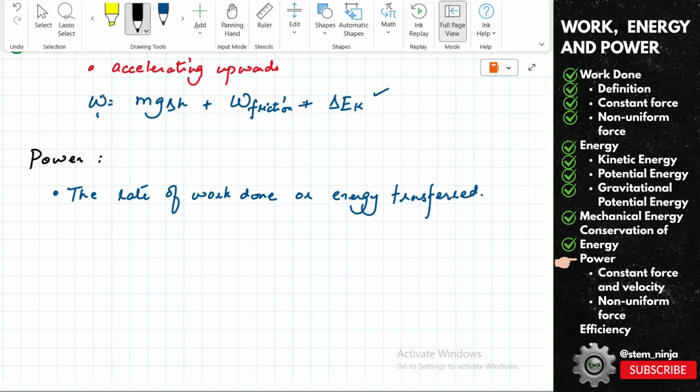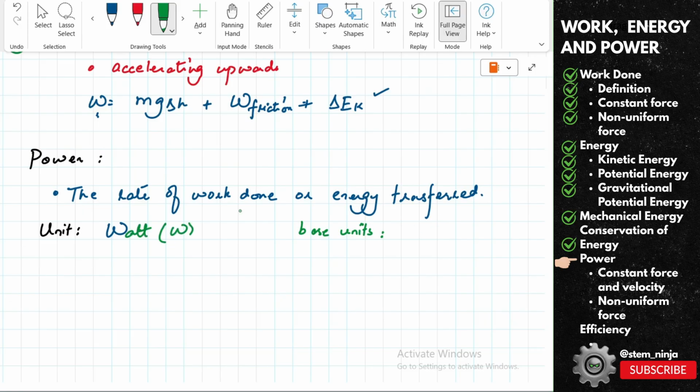The unit for this is watt, but you can try doing this in the base units also, which you should, because this could be asked in the MCQs or paper 2 also. So sorry, this is watt.